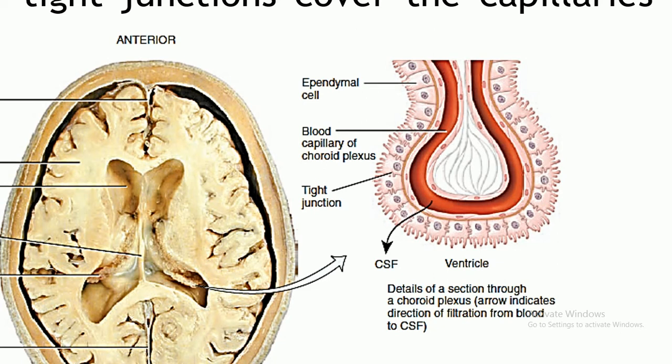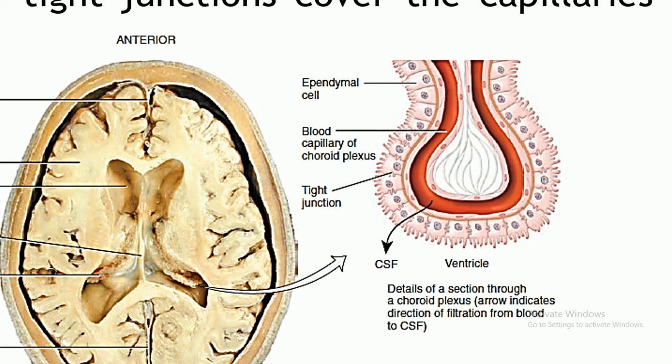So whatever gets filtered out of the blood capillaries must first enter these ependymal cells, and then the ependymal cell will secrete it out into the ventricles in the form of CSF. So that's the process of formation of the CSF.